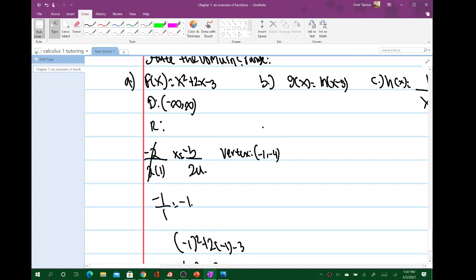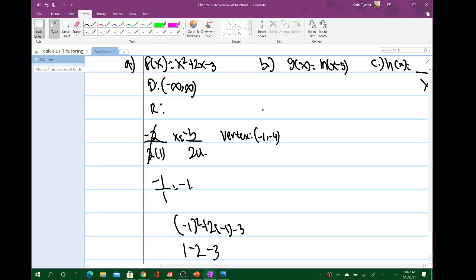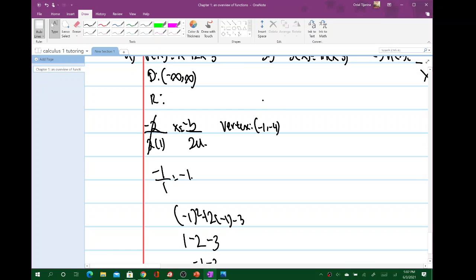So that means that because the vertex is negative 1, negative 4, the range can only go from, because obviously when we do the graph or the parabola, let's pretend that the graph is right over here.